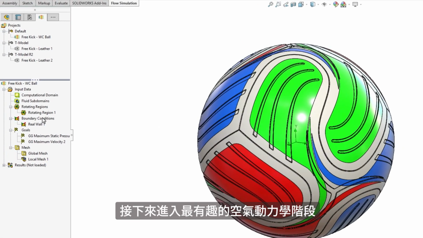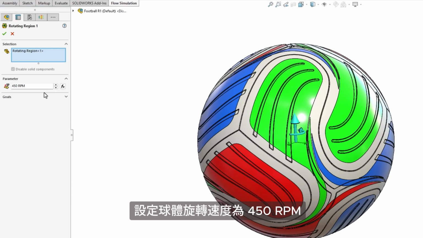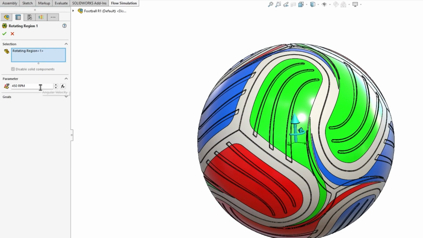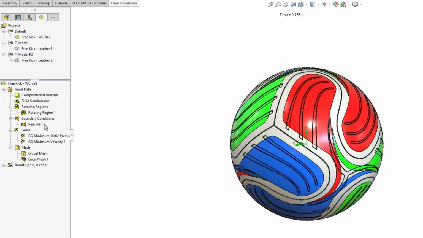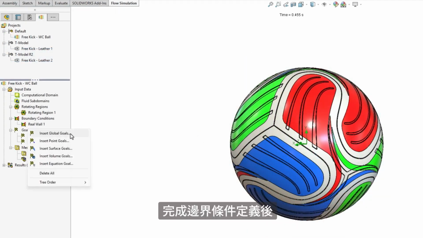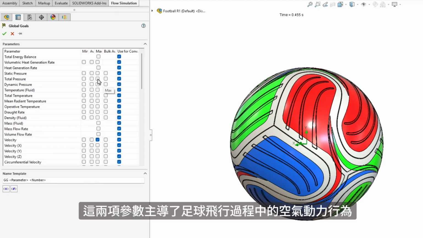This is where the aerodynamics gets interesting. I'm going to further define the rotation, 450 RPM, roughly what elite players generate at the point of contact. After I've defined the boundary conditions, I'll lock in the calculation goals, velocity and pressure. These are the two forces governing every meter of the ball's flight.